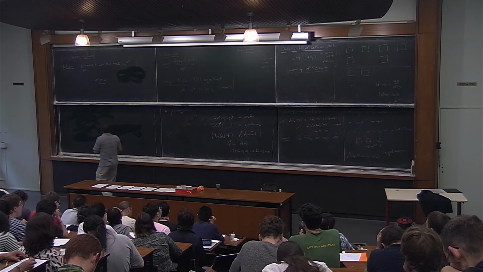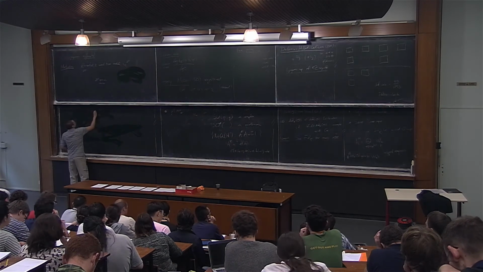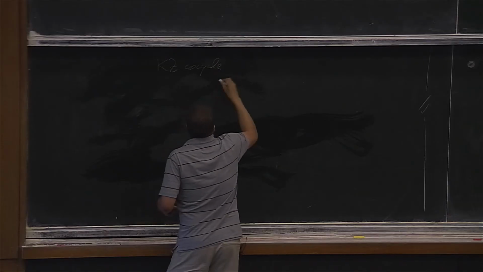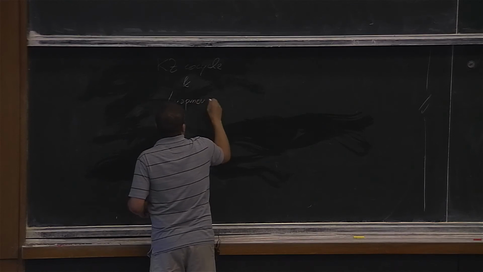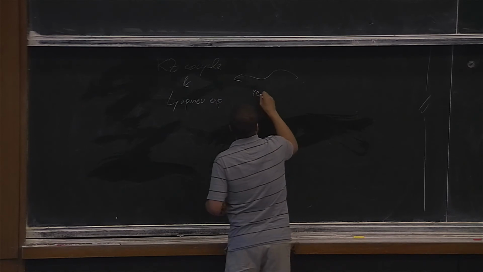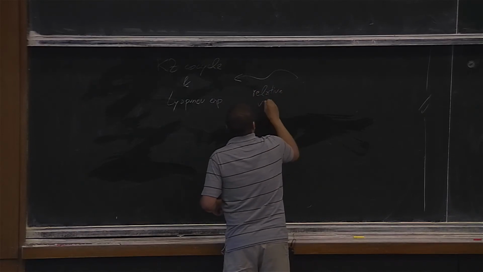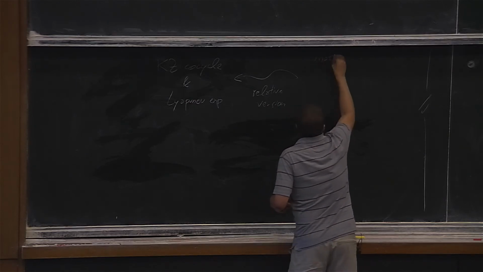And in this case, the philosophy is that Lyapunov exponents, so K is the cocycle, is what you get, is the relative version of matrices.